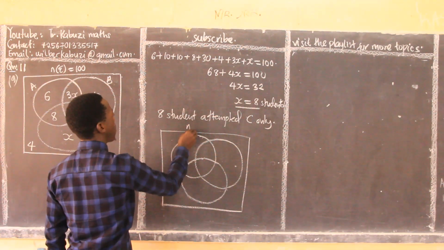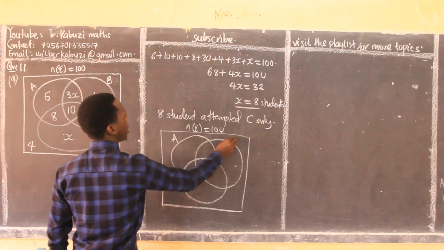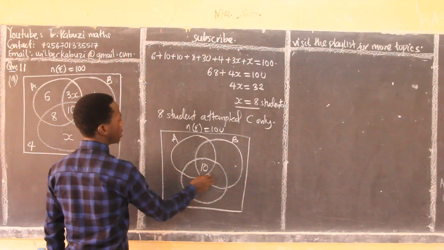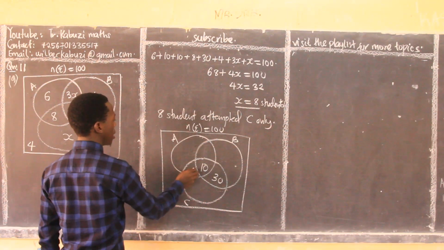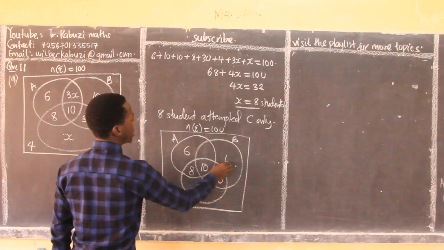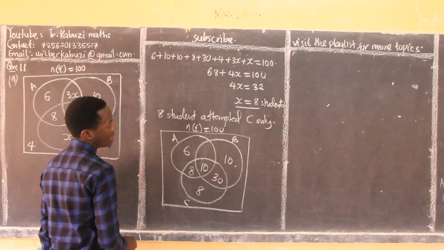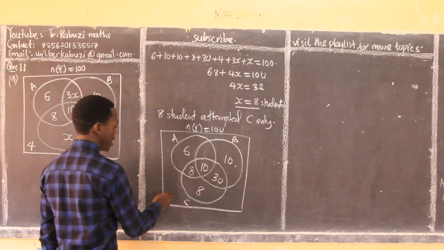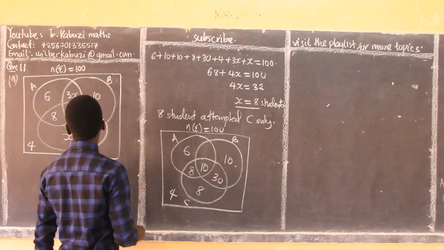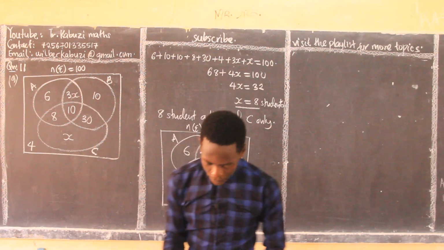This is 100, this is A, this is B, and this is C. Now here I have 6, 10. Here I have X, which is 8. Then here I have 4. Then here I have 3X, so 3 times 8, that is 24. So that is the diagram there.